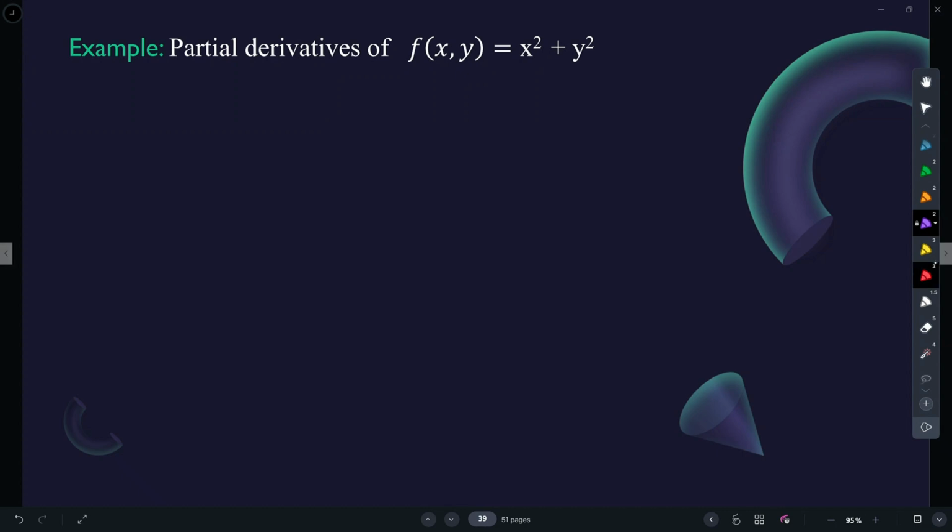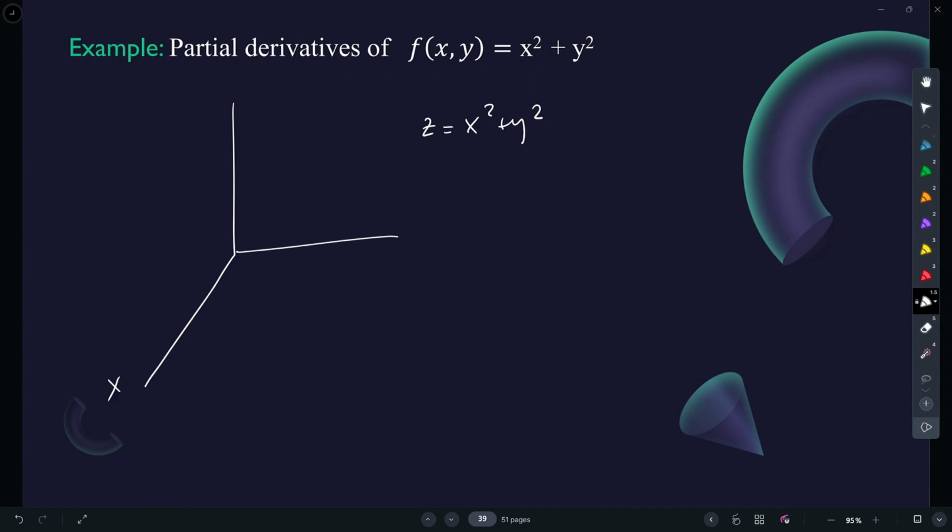If I have z equals x squared plus y squared, let's see what happens in the x direction, so in the xz plane. In the xz plane, the graph, when y is 0, I get z equals x squared, so it's a parabola.